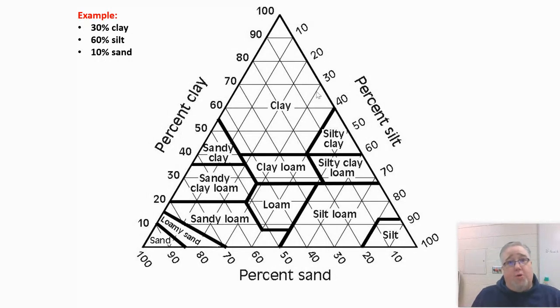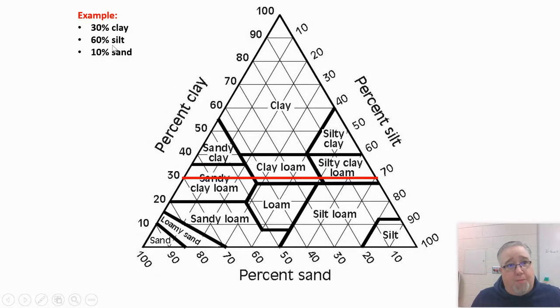Notice how the numbers on the clay side go horizontal like this. So you're going to find 30%, and just imagine there's our clay line. You don't have to draw a line, but at 30%, this is the line that we're looking at.